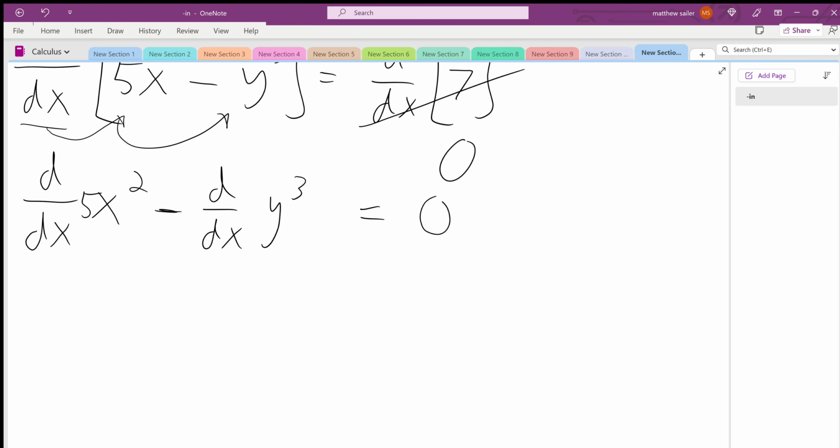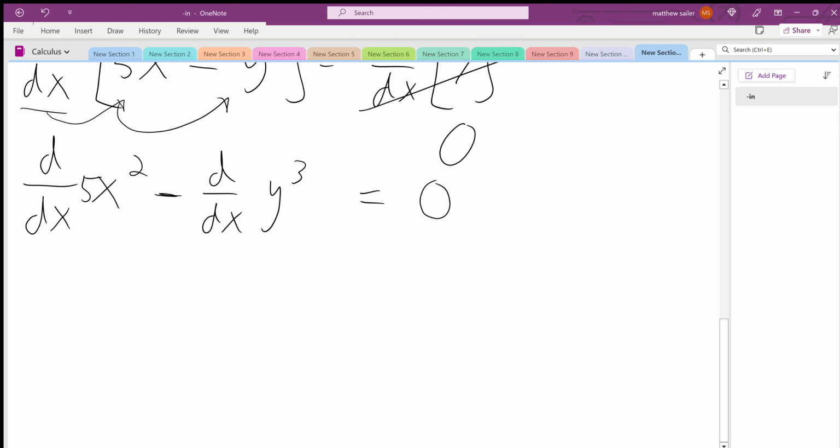That is still going to be equal to 0. Alright, so let's start with the first piece on the left-hand side. It's a simple derivative, the derivative of 5x squared. We bring the 2 down, we get 10x, and then we subtract 1 from the exponent, so we get 10x. And we're going to subtract the derivative of y cubed.